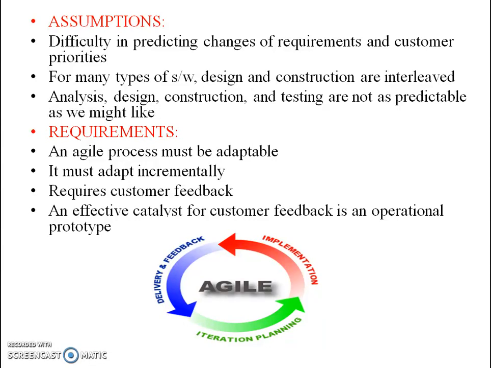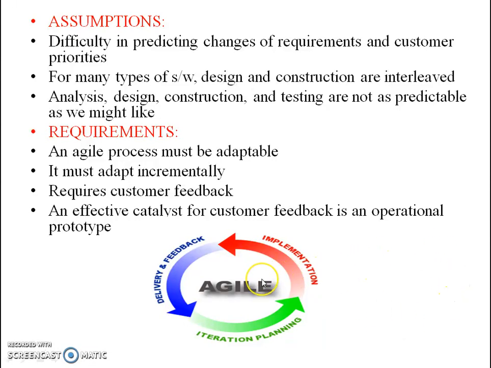So here are few of the expectations or the requirements that we expect from an Agile model. That it should be adaptable, it should adapt incrementally, and it requires customer feedback. And for developing a software using Agile process, there is a greater requirement for the communication between a developer and a customer. Because in each iteration, the customer has to give the user the requirements required.